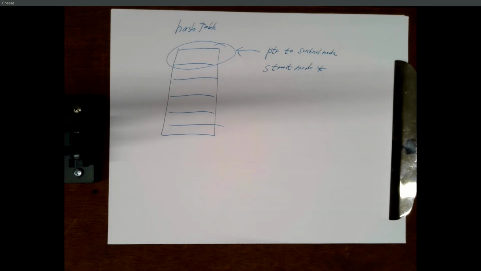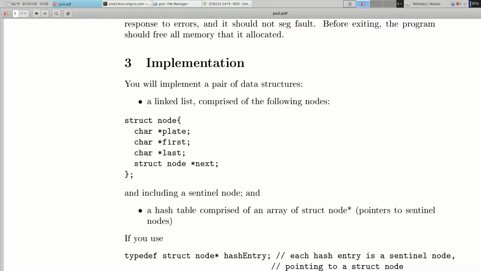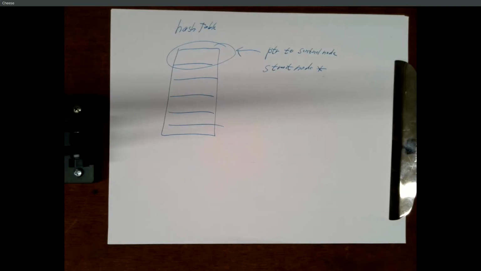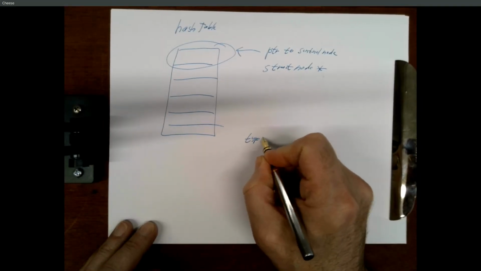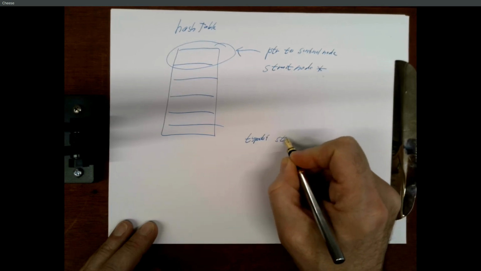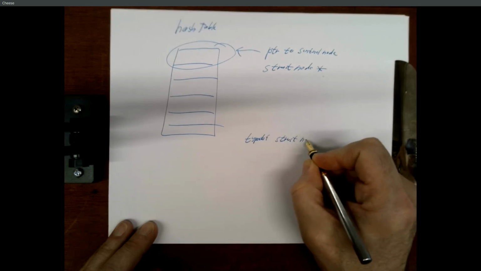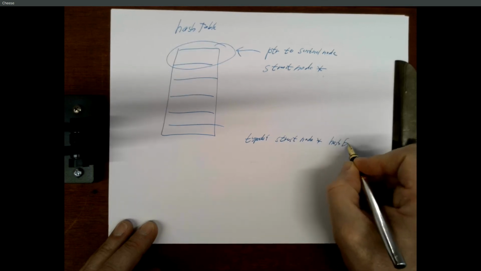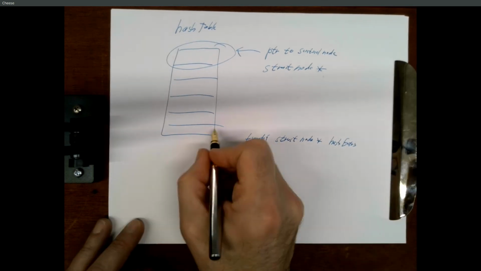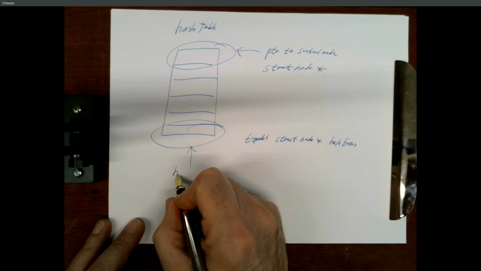All right, pointer to a sentinel node. If we think of a typedef, if we were to typedef a struct node star to something we call hash entry, then each one of these blocks is a hash entry.